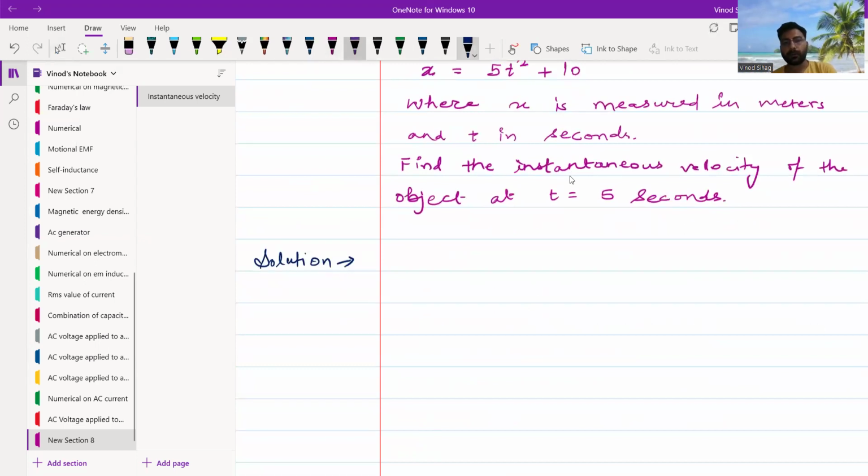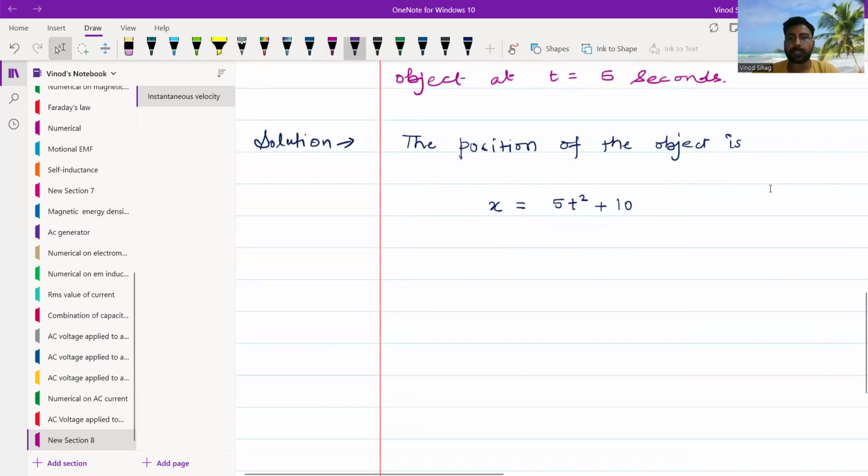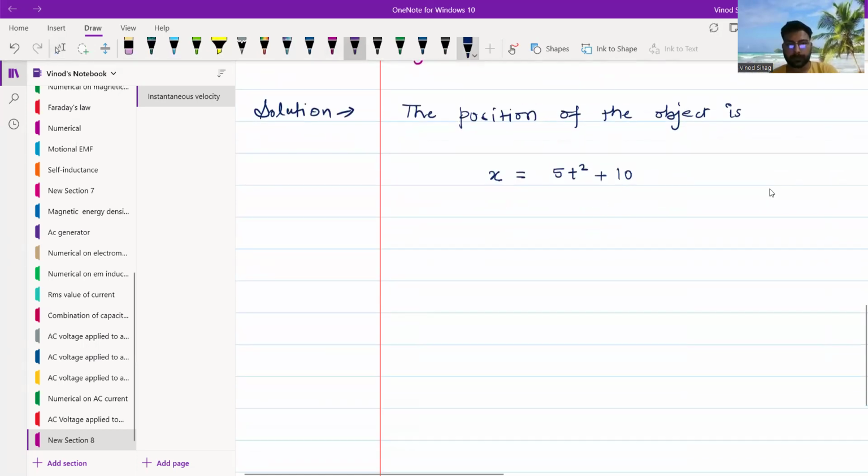So first of all, we'll write the position of the object is x equals 5t square plus 10.